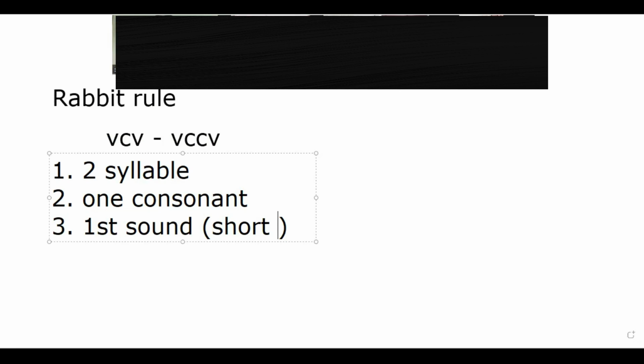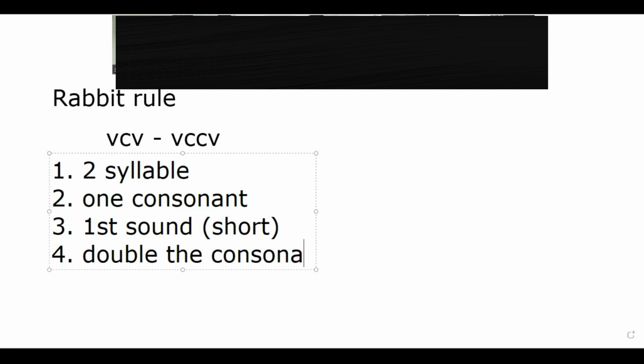But the first vowel sound must be short, which is A, E, I, O, or U. Any one of these sounds must be there in the word. Then only we can double the in-between consonant. In the fourth step only we have to double. If the first three conditions are satisfied, then only we have to double the consonant in between.